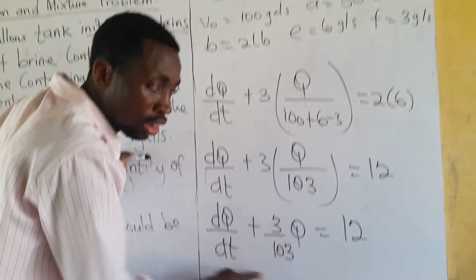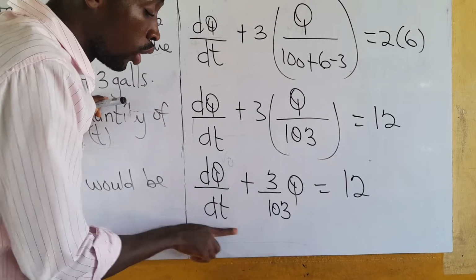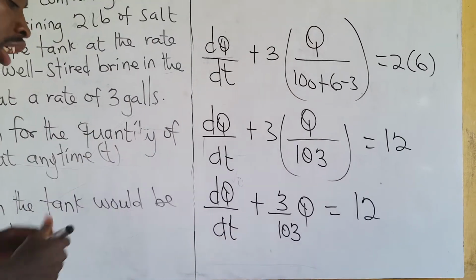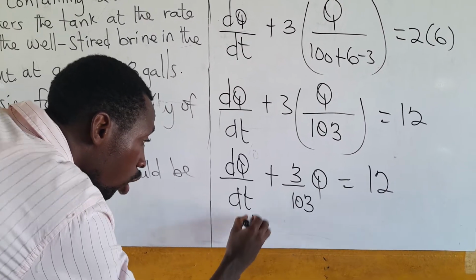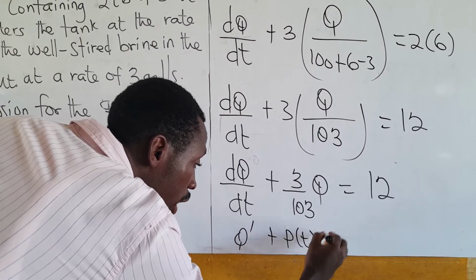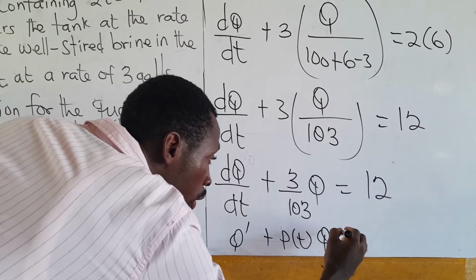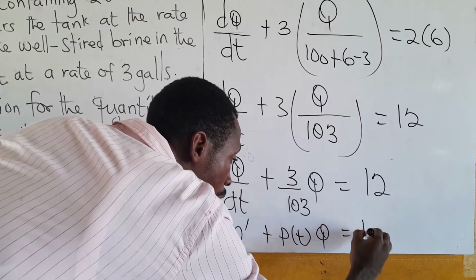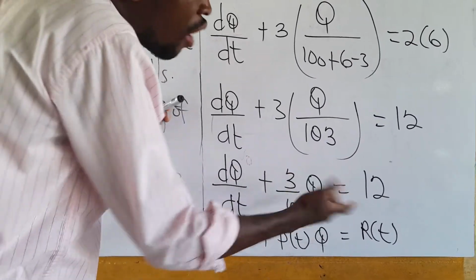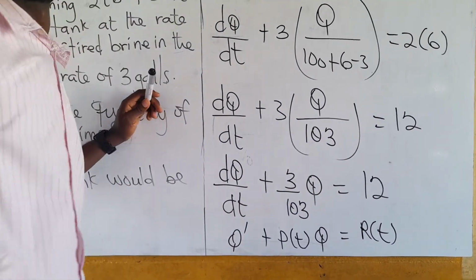Now look at this. Which first order ordinary differential equation is this? Look at this, it is in the form q prime plus p of t q equal to r of t. So it is a linear first order ordinary differential equation.